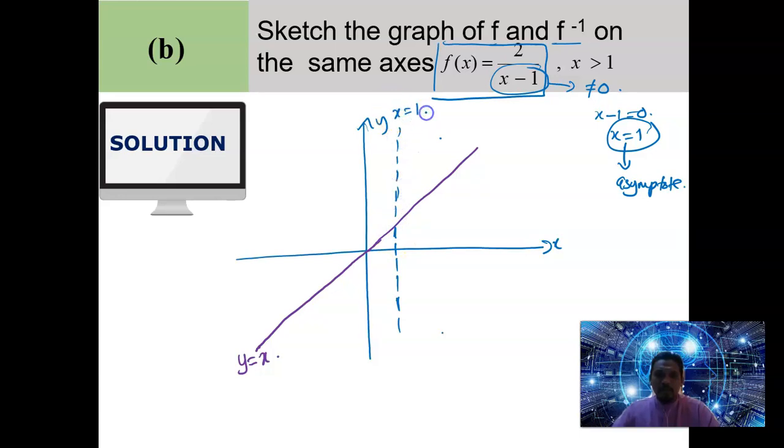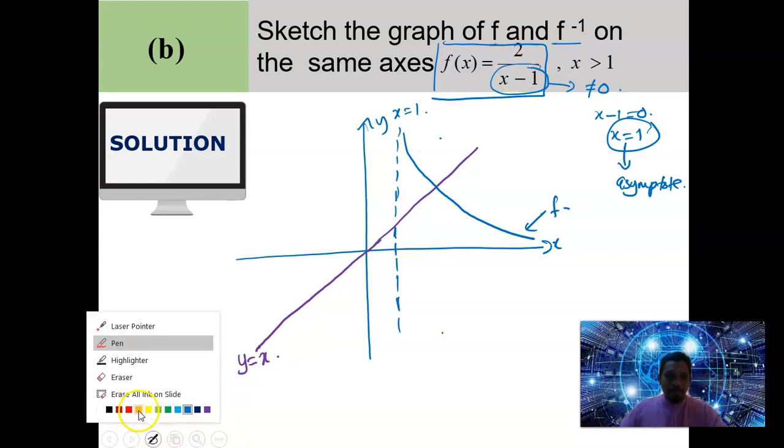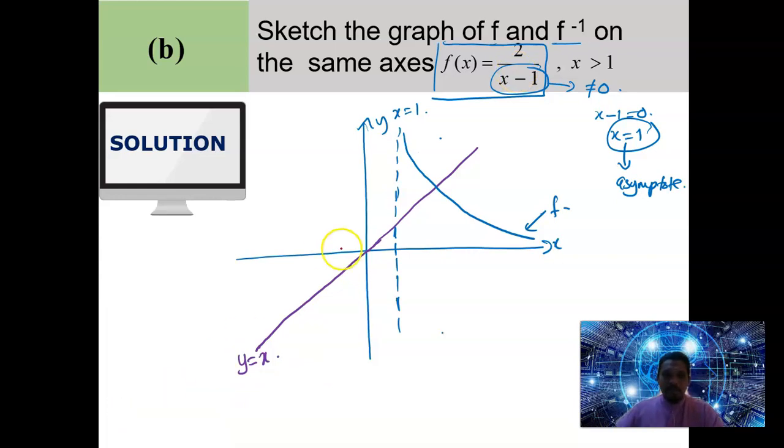Okay, so now this is the line of x equal to 1. This is the graph of f, which is f(x) equal to 2 divided by x minus 1. Now if I sketch using a different color, f inverse reflects the function of f on the line y equal to x.